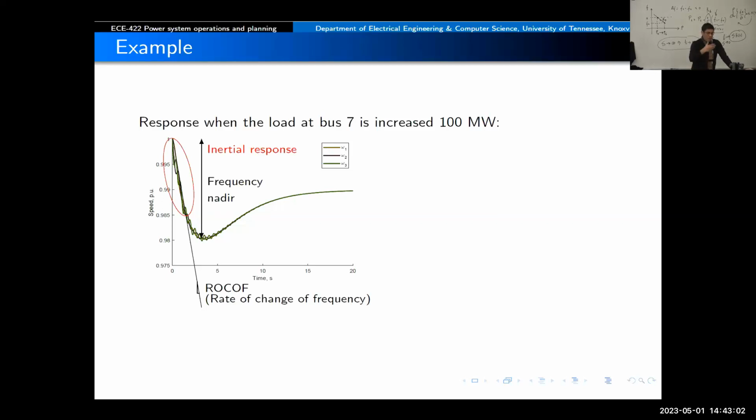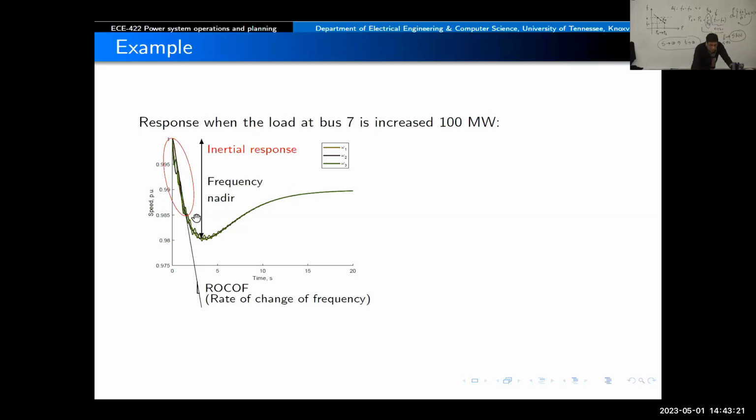The governor has not responded yet because this involves mechanical components that take more time to develop, slow in front of a steep immediate change in the power. So that's going to be the inertial response.